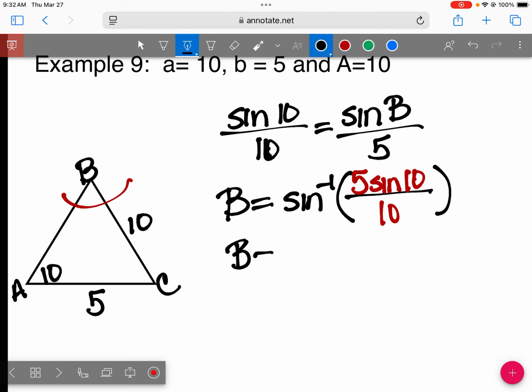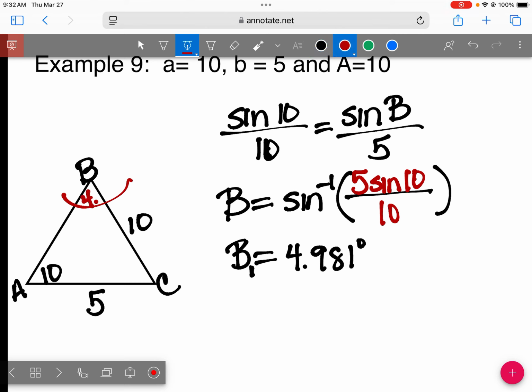And when we type that in our calculator, we should get that angle B is 4.981 degrees. So that means that we do have at least one triangle. So that would be our angle B. I'm going to go ahead and add that to my diagram.